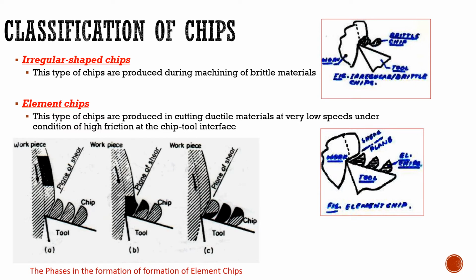There are different types of chips formed, in terms of shape or size, which are produced by machining. These chips also depend on the type of machining process, which can be a continuous process, that is turning or boring, or an intermittent cutting process, that is milling.